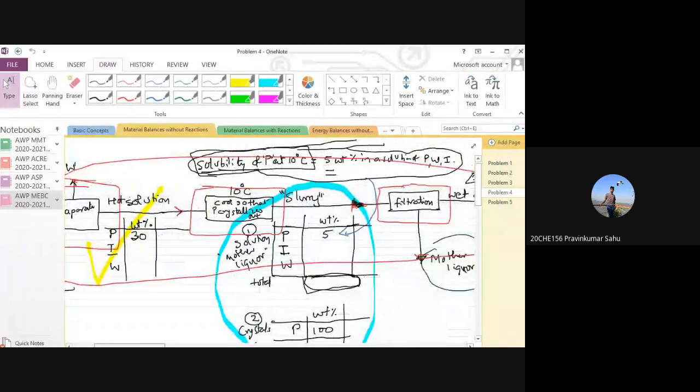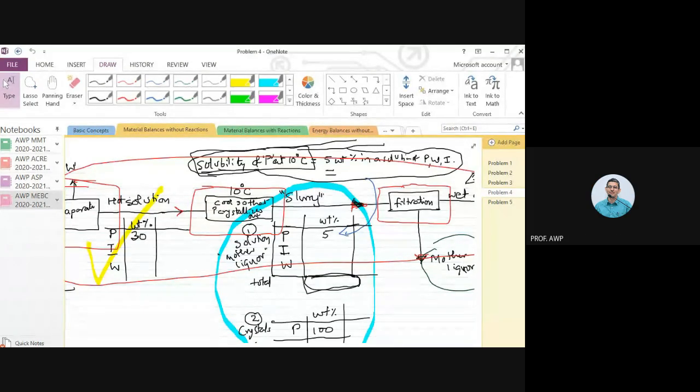Sir, we need to cool it. Yeah. Solution means everything is inside the water phase. It is a homogeneous phase. If I filter that, nothing is going to happen. I'm going to get a filtered hot solution containing 30% or 50% salt.